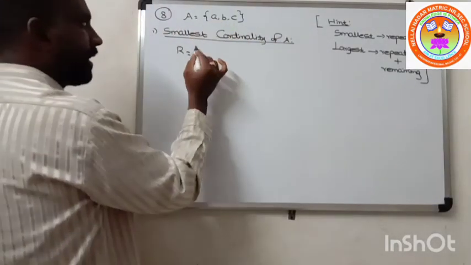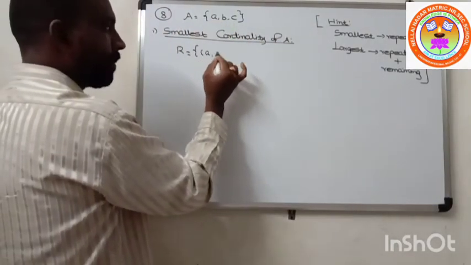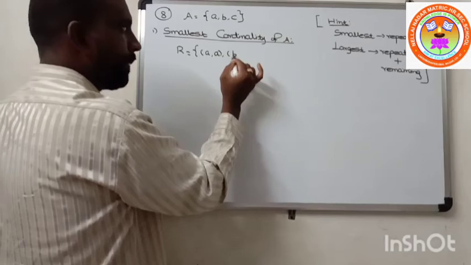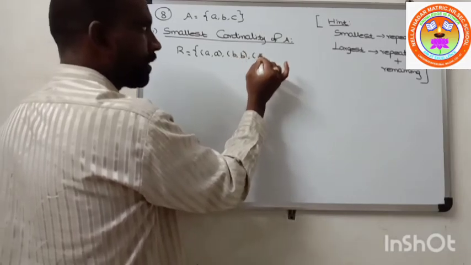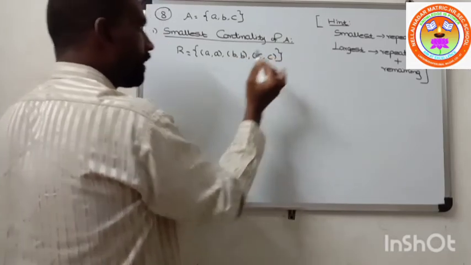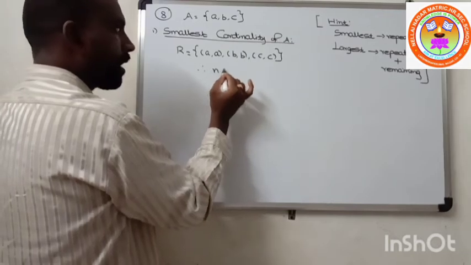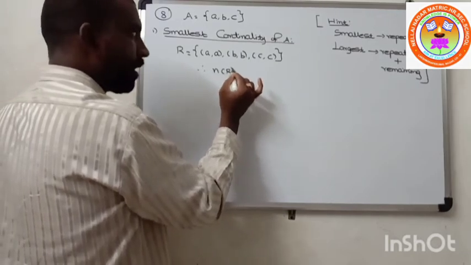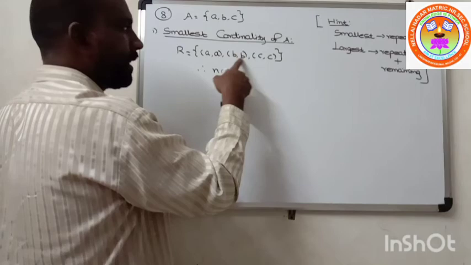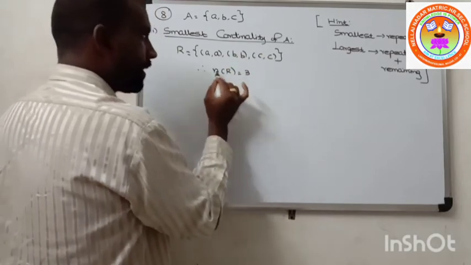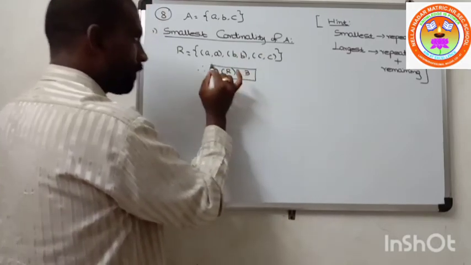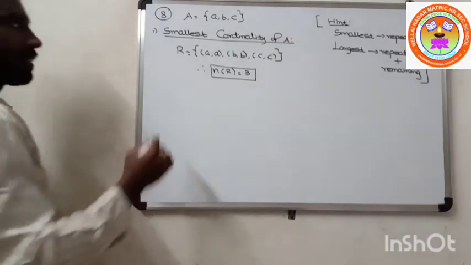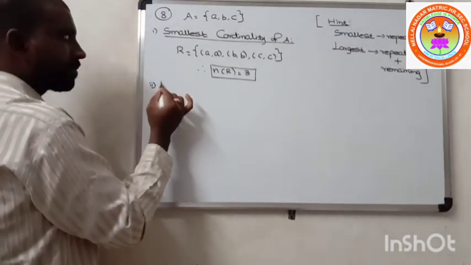First A given: A comma A, B comma B, C comma C. So cardinality, number of elements in the set, 1, 2, 3. So smallest cardinality is 3.